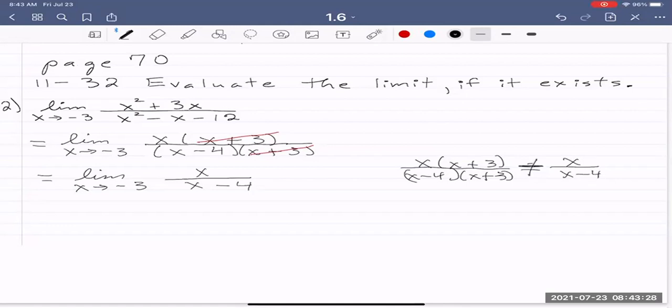So it turns out that these two things are not the same. Because when you plug in -3 here, it's 0 over 0, whereas you can plug in -3 here, it's a nice number. So as expressions, these are actually not the same thing.